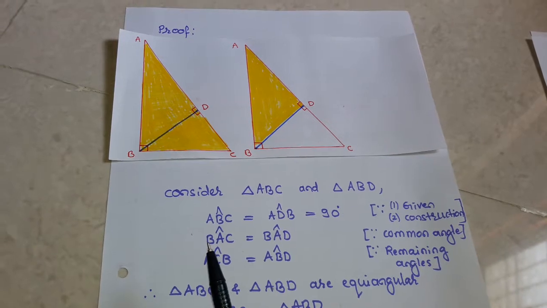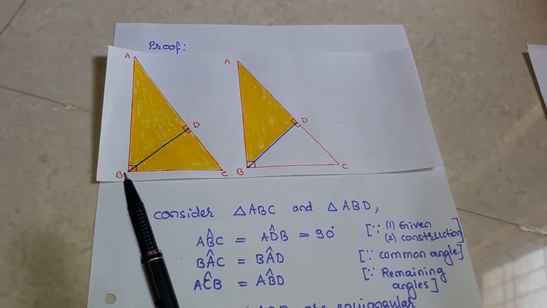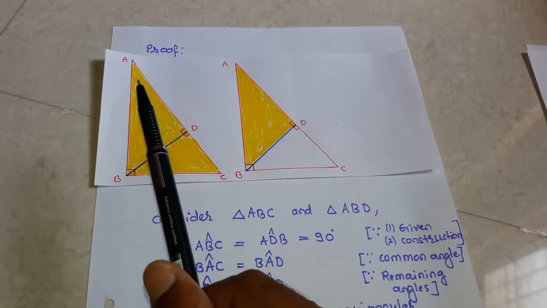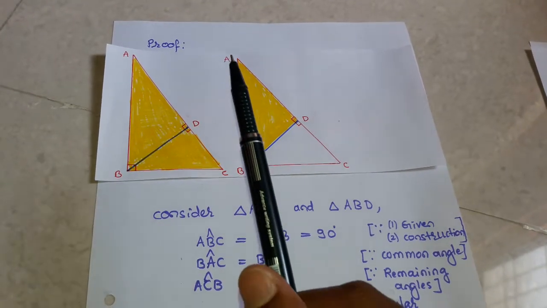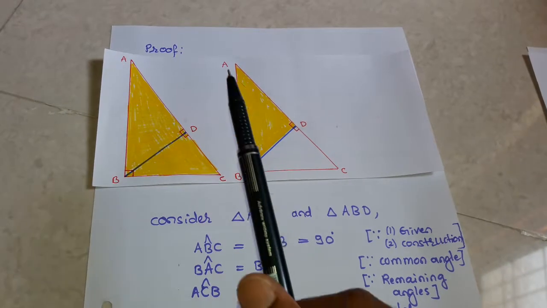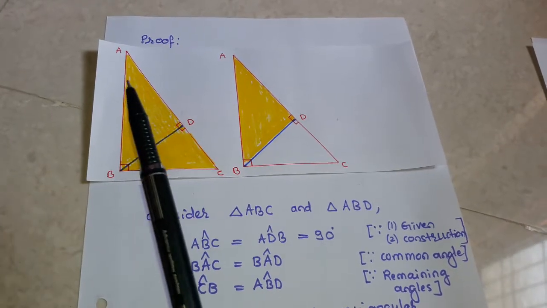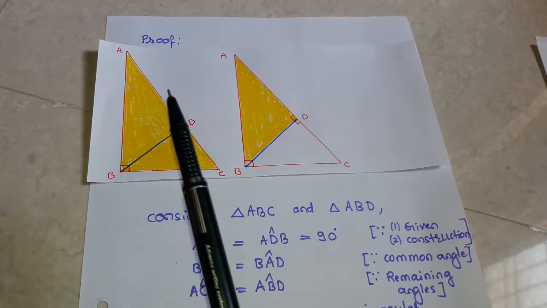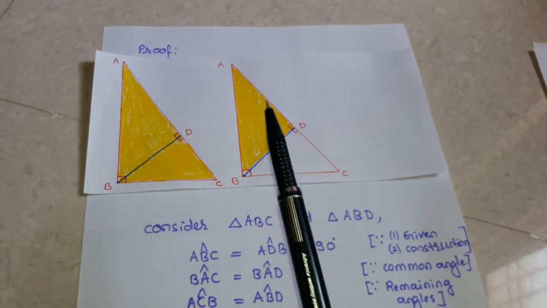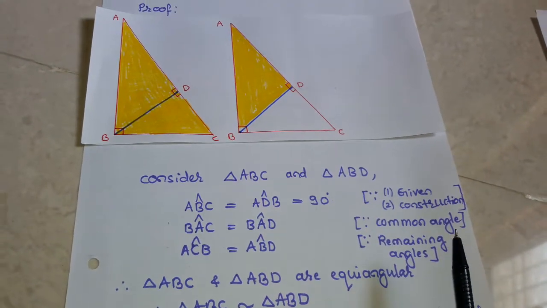Second pair, angle BAC equal to angle BAD. Angle BAC, angle BAC, see this angle, and angle BAD, see we are stopping at D. These 2 are one and the same, whether you name it as BA and go up to C or name it as BA and stop at D. So we write them as common angle.